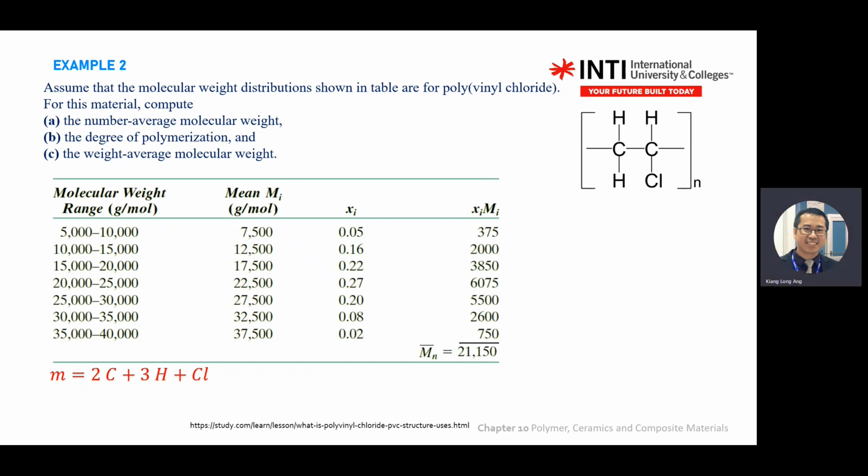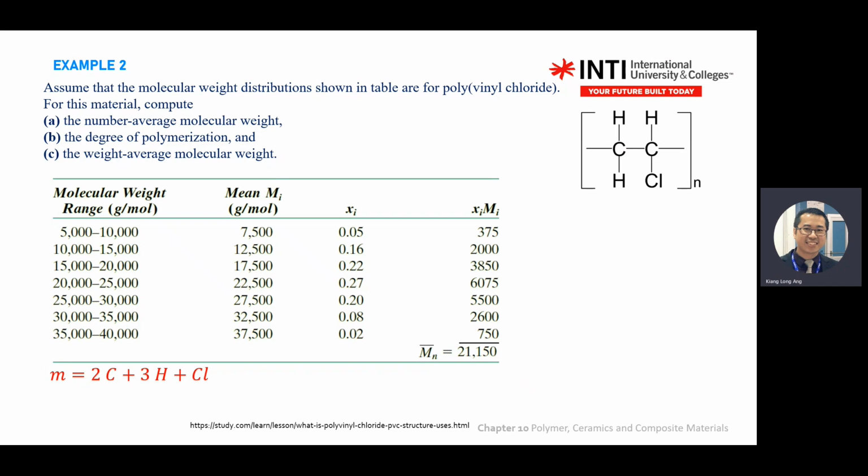So you calculate the individual component for PVC. PVC, the only difference from ethylene is that you replace one of the hydrogens with chlorine, Cl. So this is the mer, or the monomer, of the PVC.